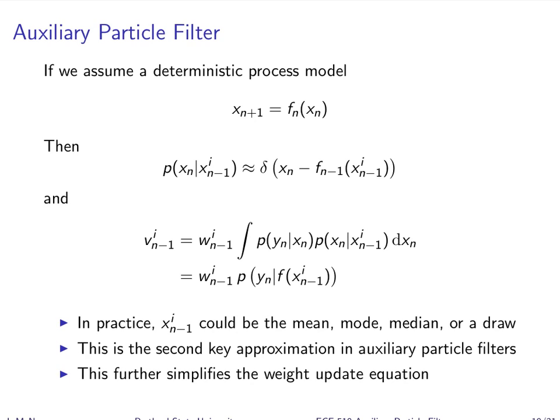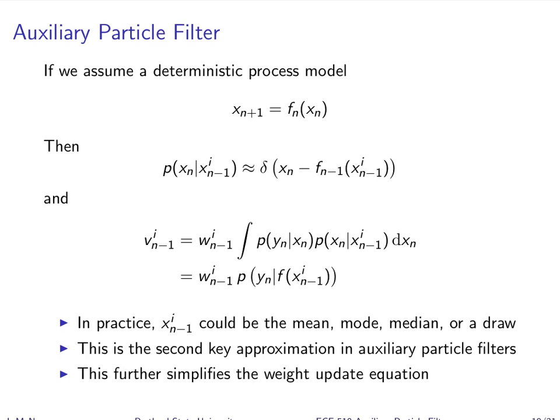But if you can accept this approximation of that probability, then suddenly this integral again compresses to something that's very simple, and it's simply a matter of evaluating the likelihood, where instead of conditioning on the particle at time i, you're basically taking what the particle is at time n minus 1 and projecting it forward with your process model.